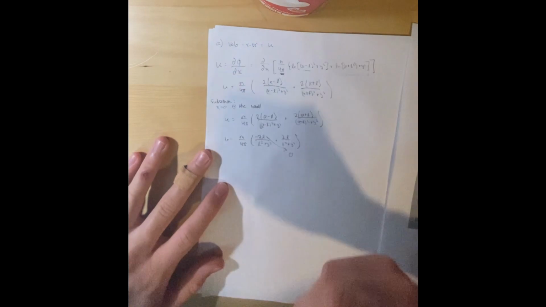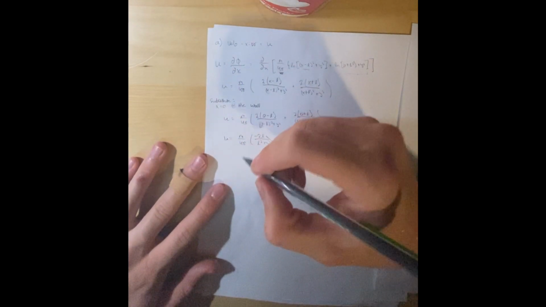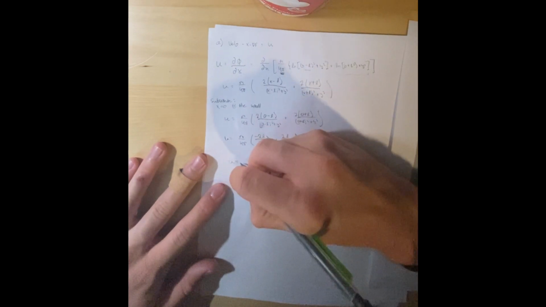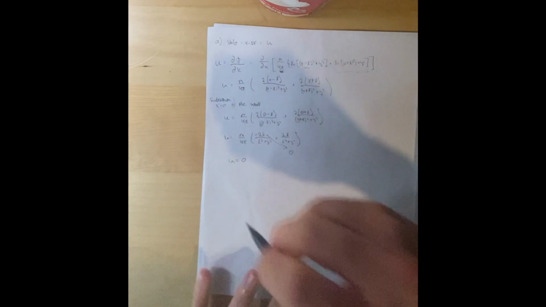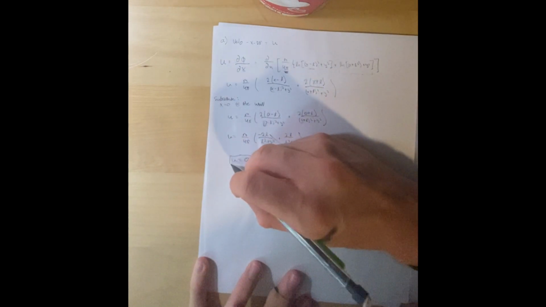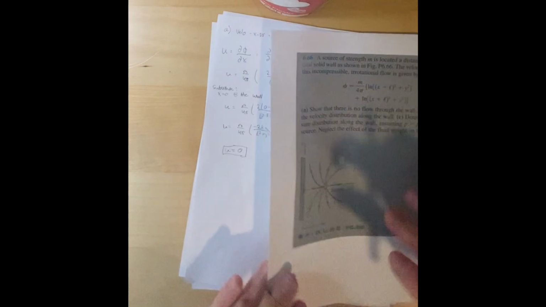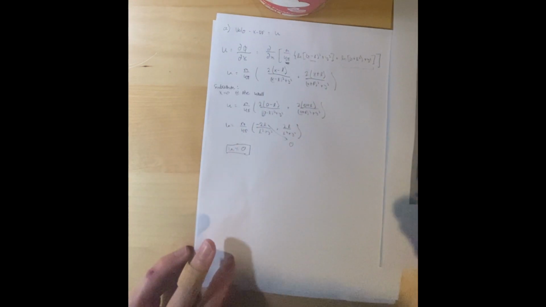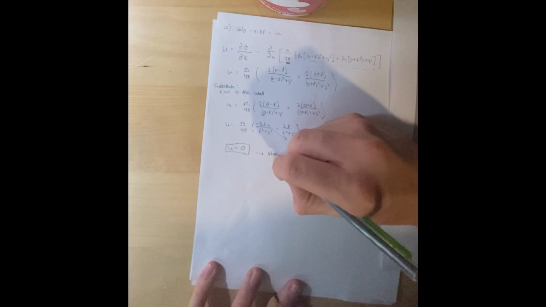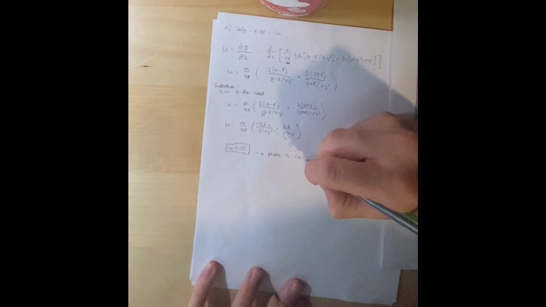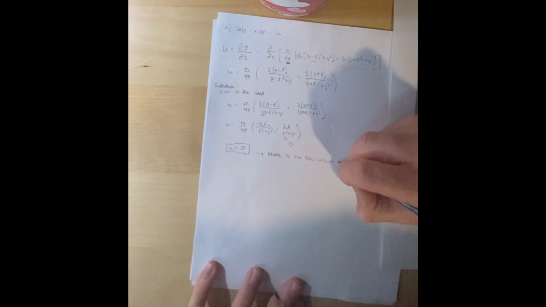And 0 times this m over 4 pi term is going to give us 0. This shows that our velocity at the wall is equal to 0, which means that we have a stagnation point right there at the wall, meaning that there is no flow through the wall. So from that we can determine that there is no flow through the wall.